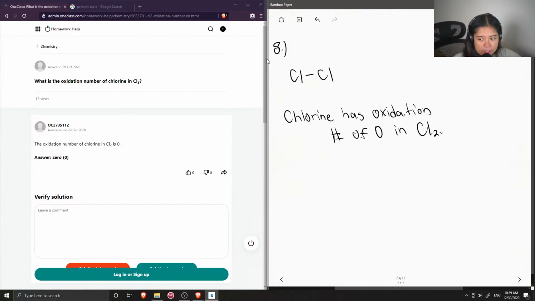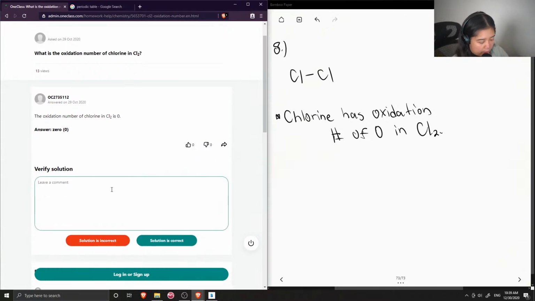If it were bonded to almost any other atom, then typically chlorine has an oxidation number of -1, but in the case of this diatomic molecule, it has an oxidation number of 0. So the junior tutor solution is correct as well.